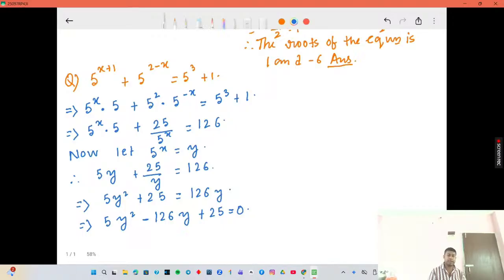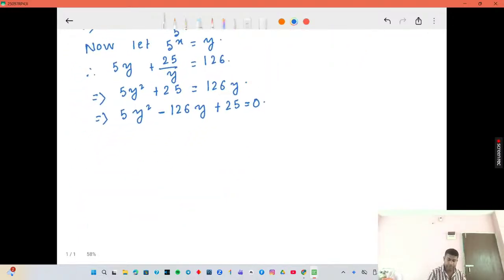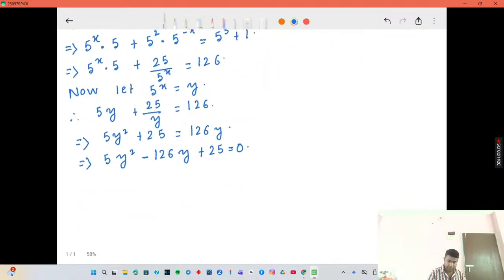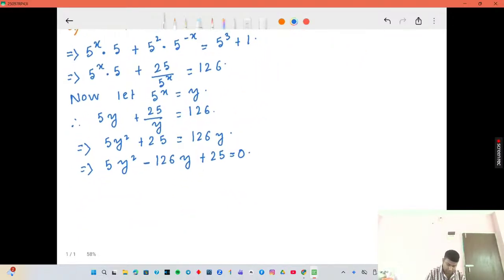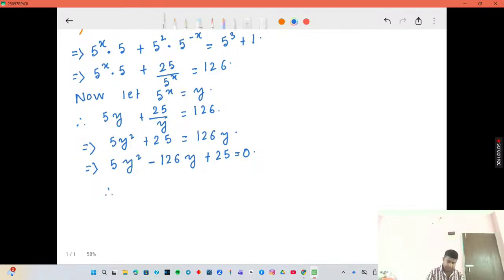So first we have to find out the discriminant of this given equation.